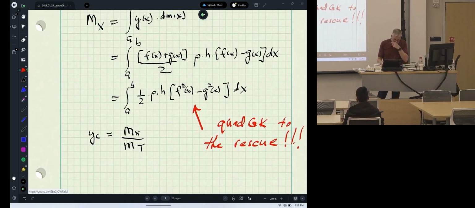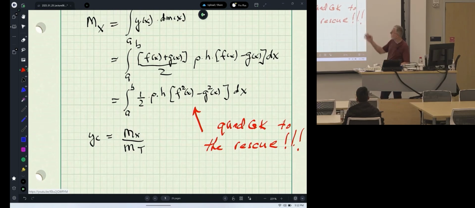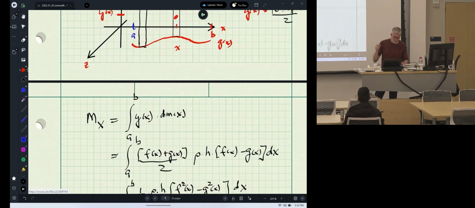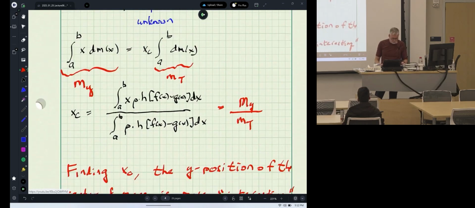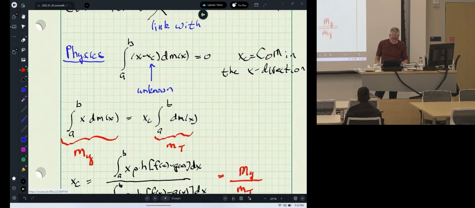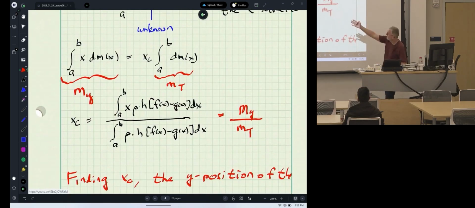If I had just written down for you that this is the moment about the x-axis, you would have just stared at me like I was from Mars. Now you'll go back and say, okay, I can do it. And for the x-axis, it was much simpler. Notice that there are no squares or anything.